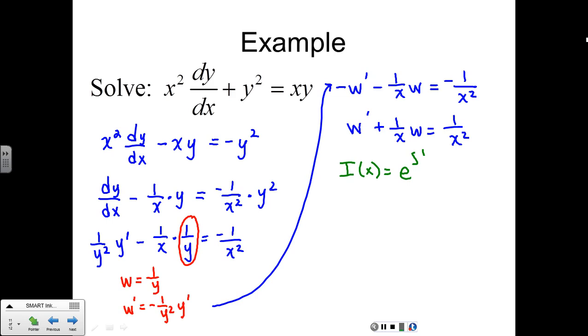E to the integral of 1 over x, which is going to be e to the ln x, which is x again. So x times w prime plus 1 over x times w equals 1 over x squared times x.